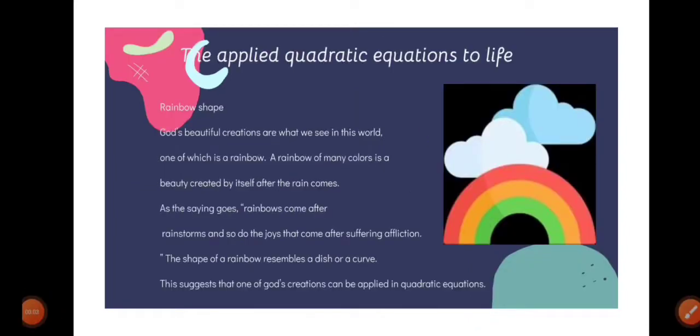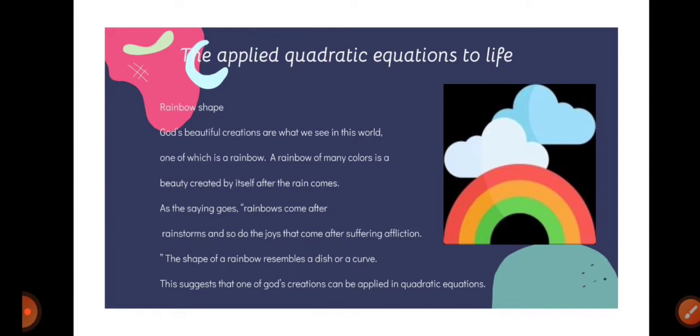Furthermore, quadratic equation can also be applied in daily life, like a rainbow shape. God's beautiful creation, what we see in this world, one of which is a rainbow. A rainbow of many colors is a beauty that appears after the rain comes.